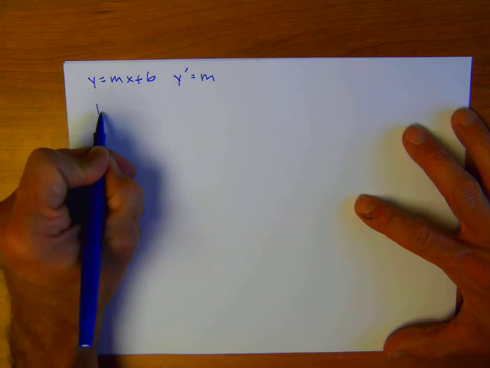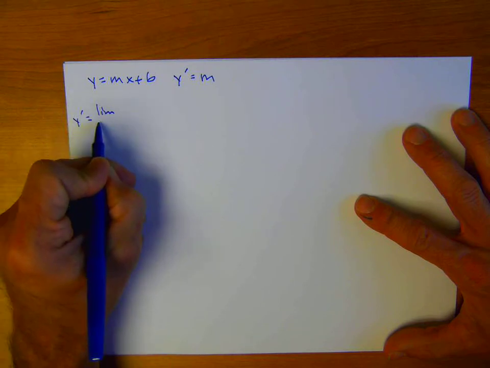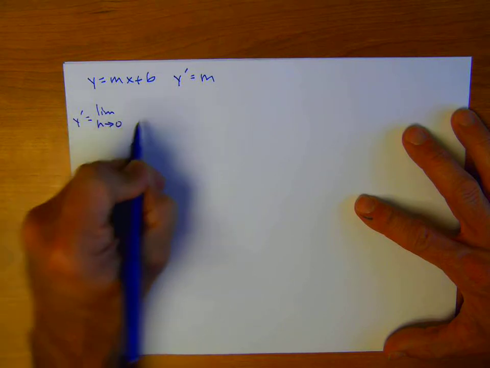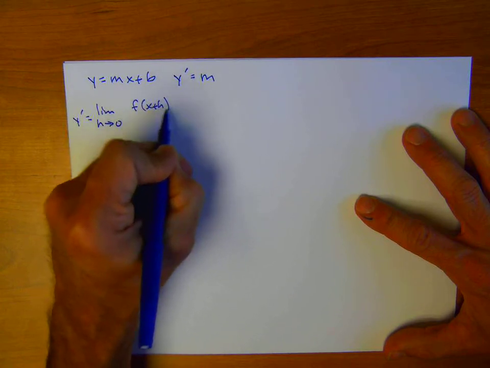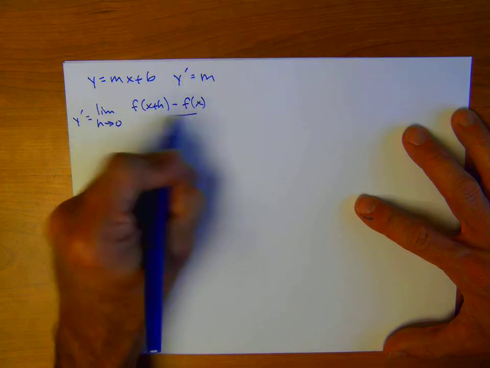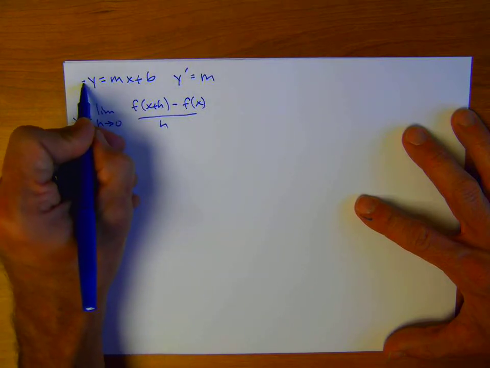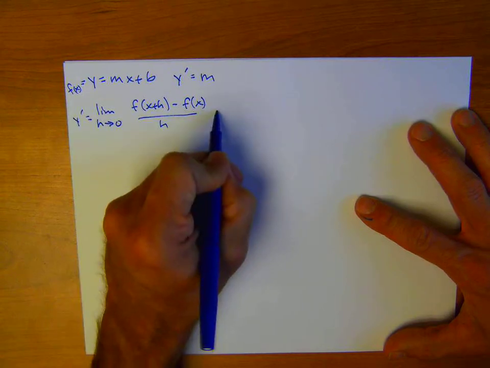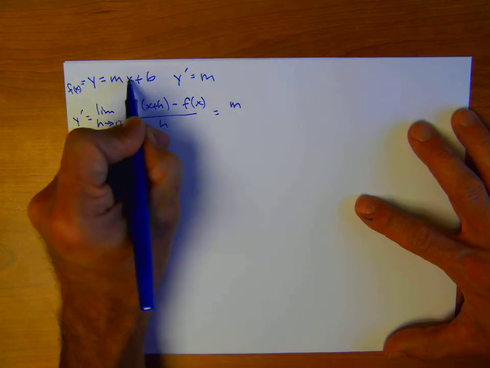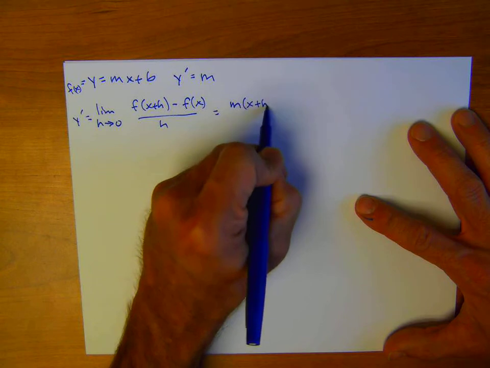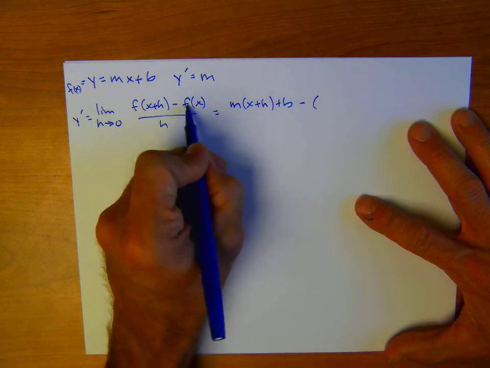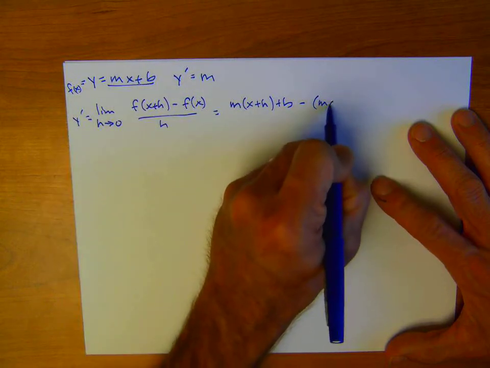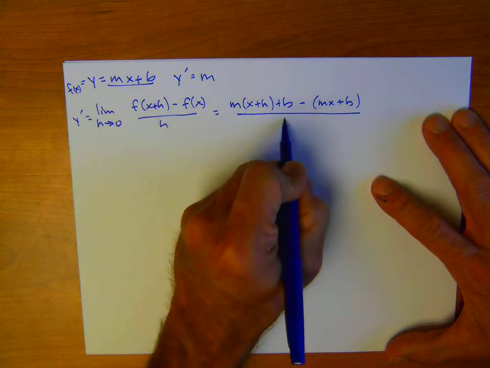So we take the limit, so y prime equals the limit as h goes to 0 of f of x plus h minus f of x over h, and this y is our f of x. So what we're going to have is m, and I'm going to replace x with x plus h, plus b, minus f of x, which is just mx plus b, over h.